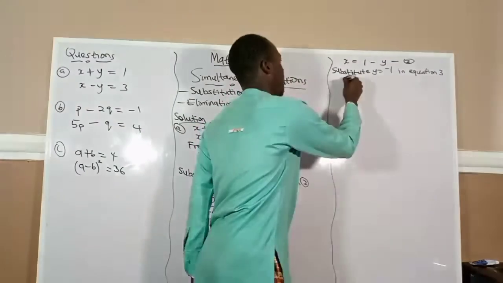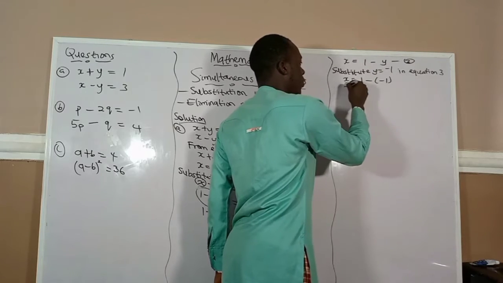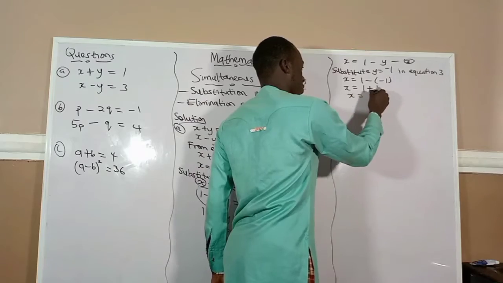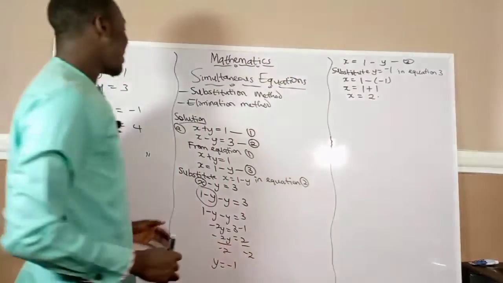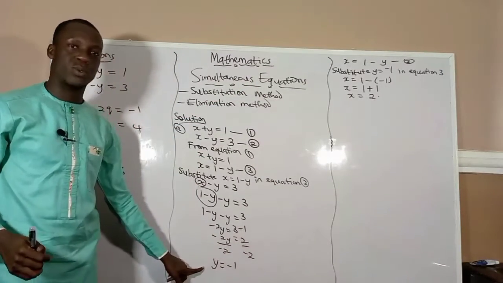What does that mean? It means that x equals 1 minus minus 1, which means that x equals 1 plus 1, and x equals what? 2. So we can clearly see that x equals 2 and y equals minus 1.